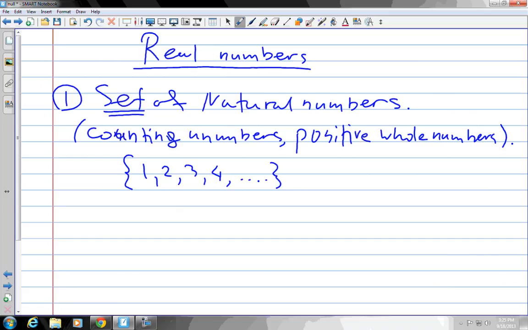The first numbers used by our civilization. And there's a special symbol that represents the set of natural numbers. It's kind of a capital N with a little twist, a big double-legged N. So that's the set of natural numbers.